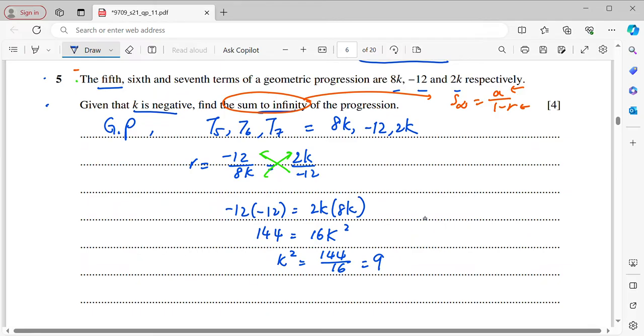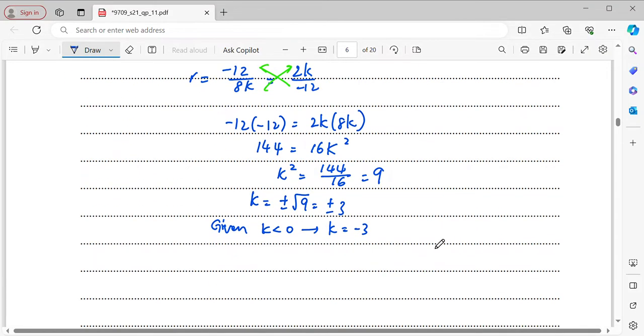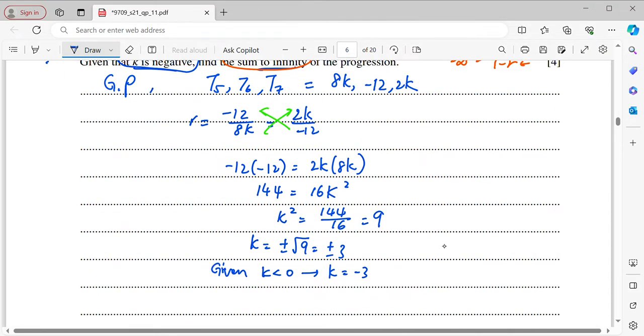Your k will be plus or minus the square root of 9, which is plus or minus 3. But since it's given that k is negative, that is k is less than 0, our k is negative 3. With this negative 3, I have to rewrite my T5, T6, and T7. Probably I will just write my T6, which is negative 12.